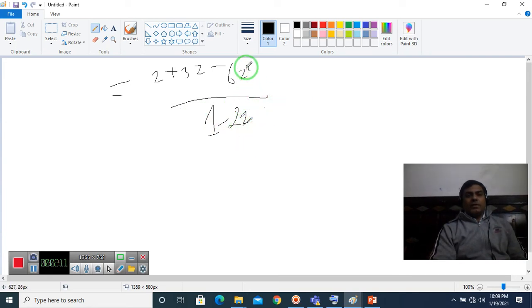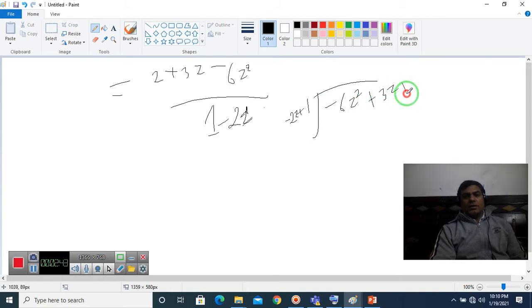Now we know that by partial fraction the power of the numerator should always be less than the denominator. The denominator power is 1 here, so the numerator power should be 0 or less. So we should divide by long division: minus 2z plus 1, we can write in this way, minus 6z square plus 3z and then plus 2.